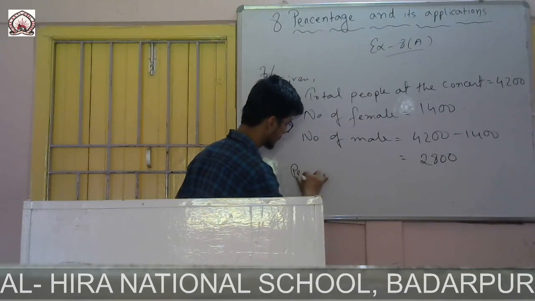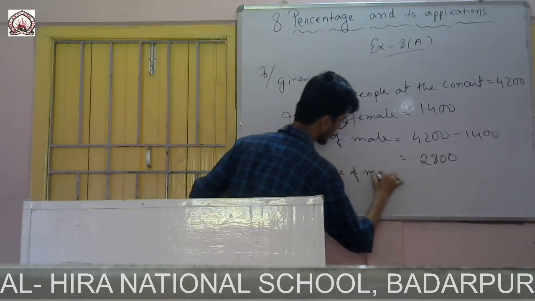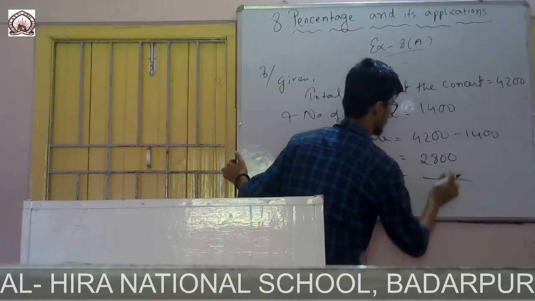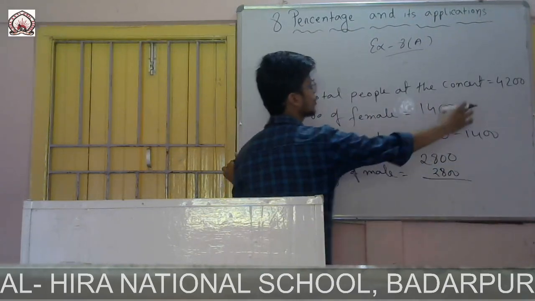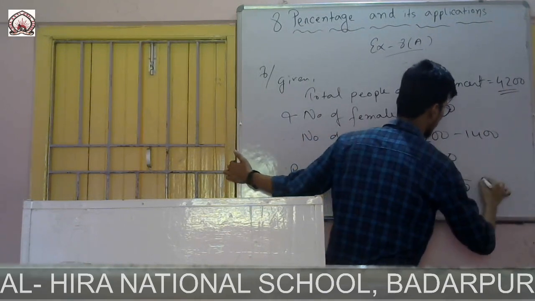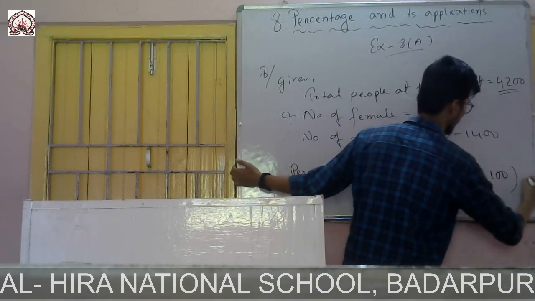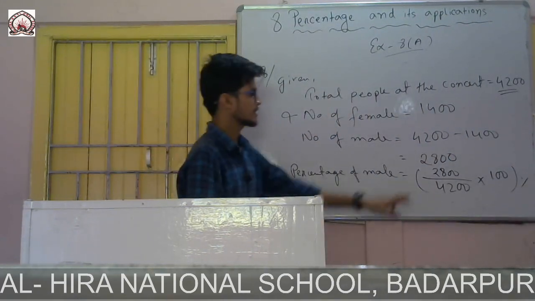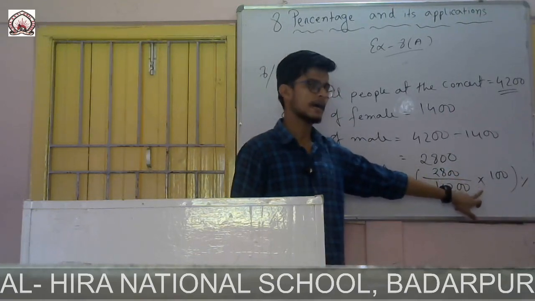Therefore, percentage of male equals the number of male people divided by total people, which is 4200, and since I am finding the percentage, I multiply by 100 and give the percentage sign.